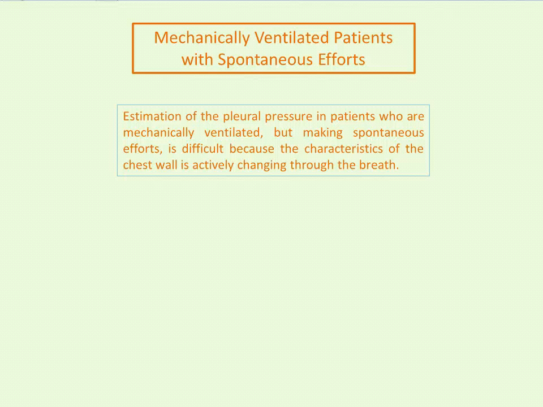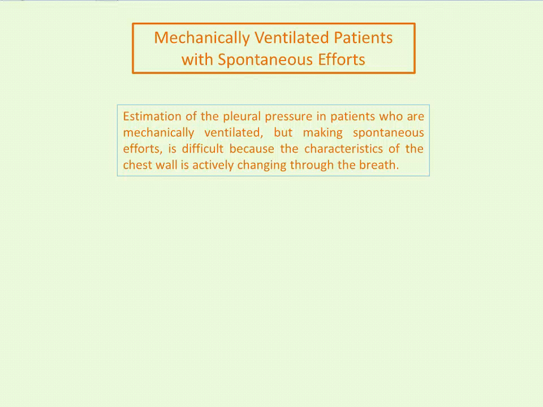So, as I mentioned in previous slides, mechanically ventilated patients with spontaneous efforts, which is more the norm in the ICU, I think, makes good estimation of the intrathoracic pressure difficult, unfortunately. That's because the characteristics of the chest wall are actively changing throughout each breath, and the patient's muscles of inspiration and expiration are being recruited.